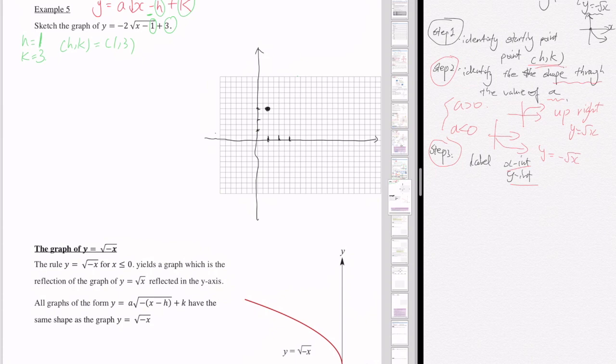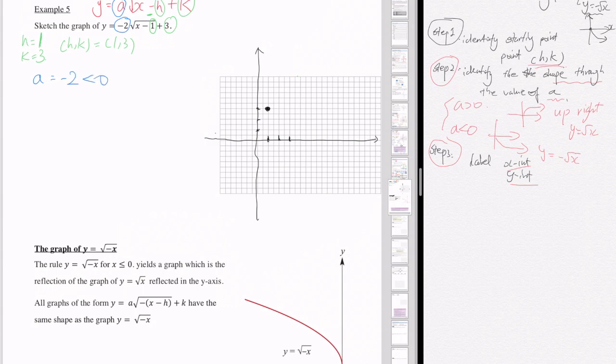If you have a look at the notes on the right hand side, step 2 is to identify the shape through the value of a. Now we know the value of a is the one outside the square root, so a is equal to negative 2, which is less than 0.